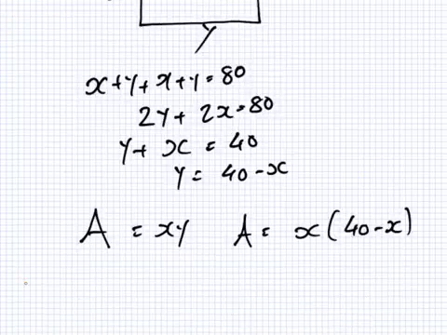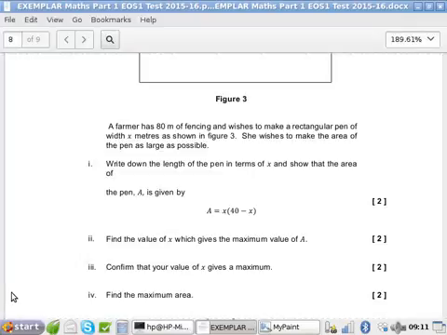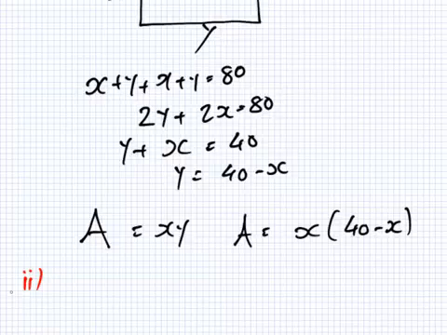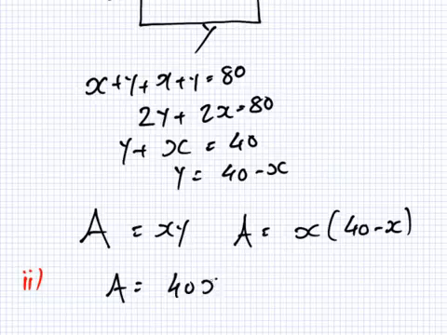So the second part, find the x that makes the maximum value for the area. So you have area is 40x minus x squared from there.